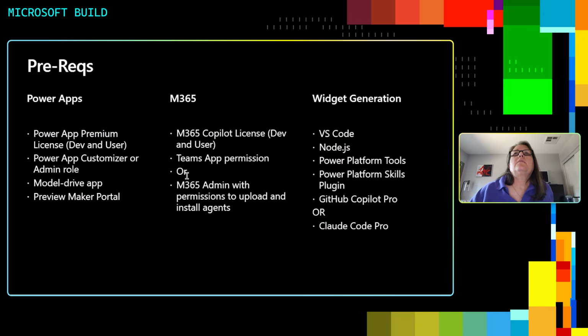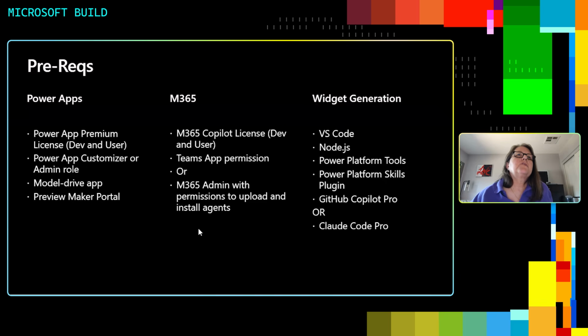And then on the widget side of things, it took me probably about half a day or so to set up my VS Code for this. So I have VS Code, I have Node.js, I have Power Platform tools and skills. I also, as I mentioned at the top of this, need GitHub Copilot Pro or Claude Code Pro in order to generate that skill.